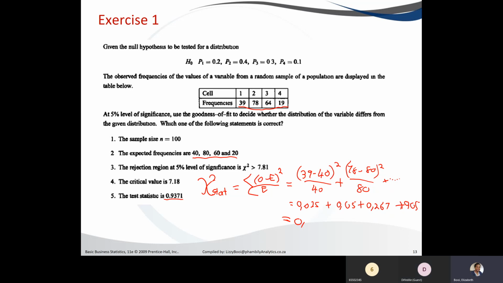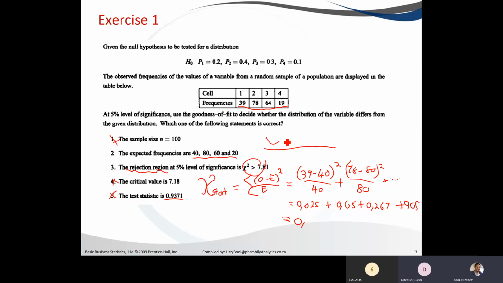I don't know what's wrong with this question, whether they were looking for the incorrect answer or the correct answer. But so far we have that question wrong, that question is wrong, and that question is wrong. Unless they assume that we do not reject, they made a mistake in this conclusion for the rejection region, because the rejection region will be on the bigger side of 7.81.